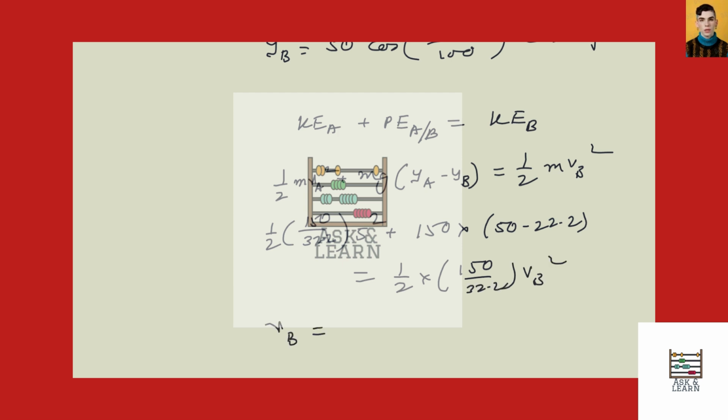So V B from here will be around 42.2 feet per second. This is the velocity at B.